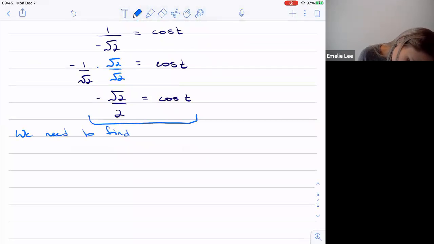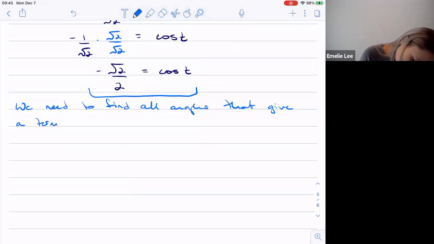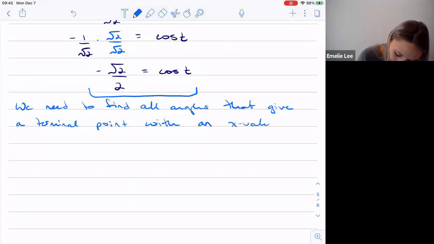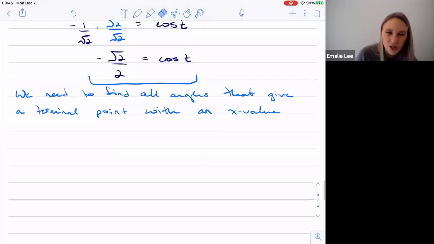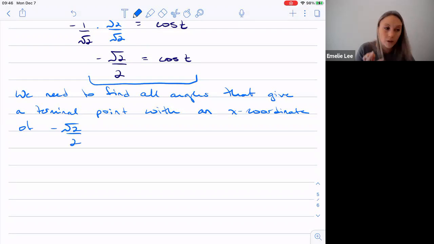We need to find all angles that give a terminal point with an x coordinate of negative root 2 over 2.